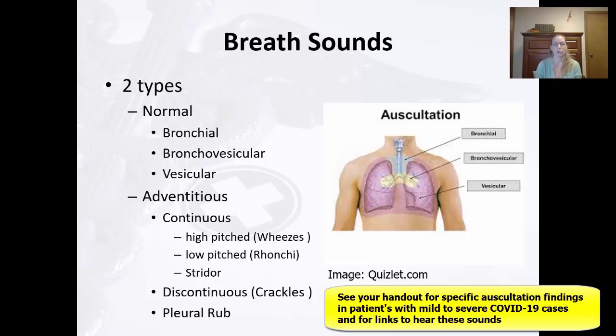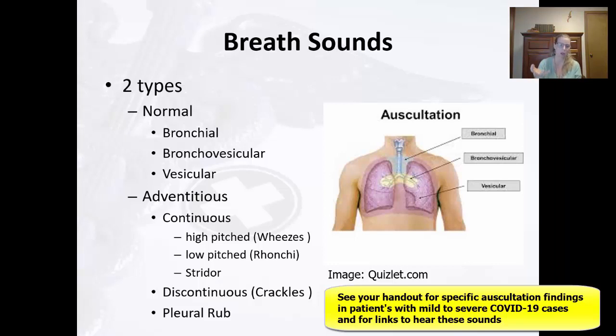Now, discontinuous breath sounds or crackles, that usually refers to either collapsed alveoli or fluid in the air spaces. And it's a popping sound, but it's not going to be continuous. It'll be like pop, pop, pop, pop, pop, versus pop, pop, pop, pop, pop.